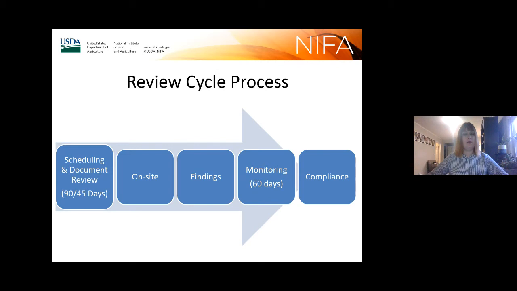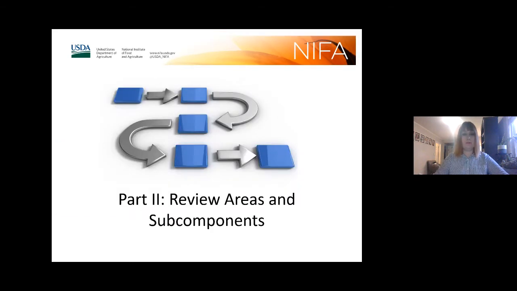But in the case that you had corrective actions to implement, then you receive it at this stage after you've implemented those. But either way, the letter certifying compliance ends the review cycle. And you're good to go from there until you come up for a review again in another 7 years.